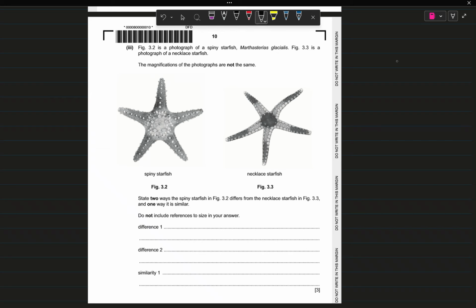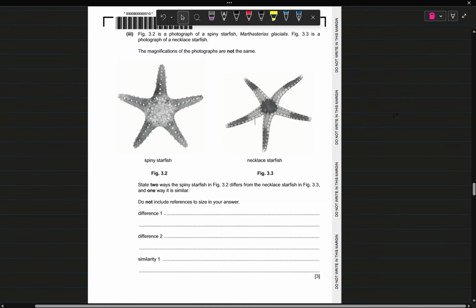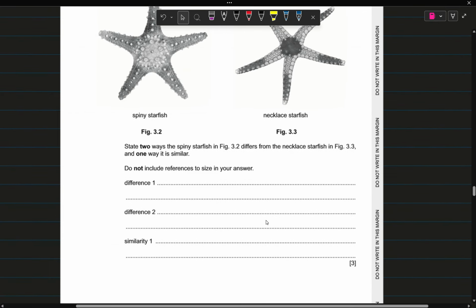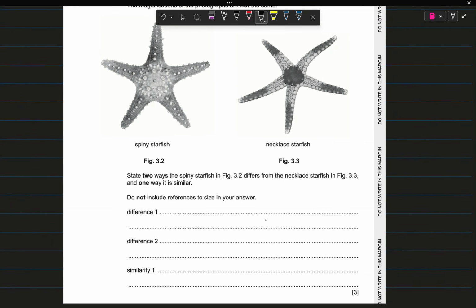What you can see here is that although both of them have circles in the center, the shading or the color is different. So this one has a lighter color while this one has a darker color. So essentially, the answer here should be that for the necklace starfish, the inner circle is darker, while for the spiny starfish, this inner circle was light.